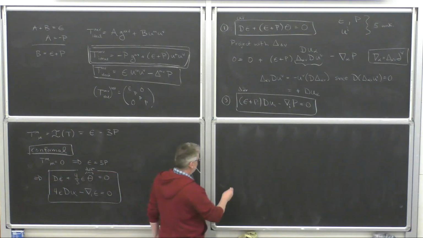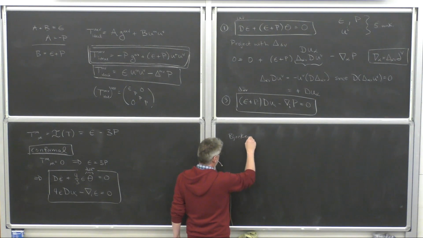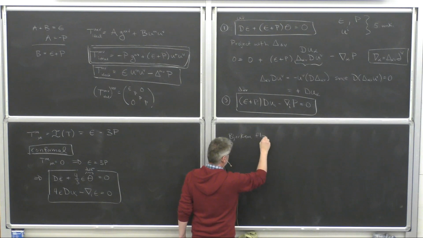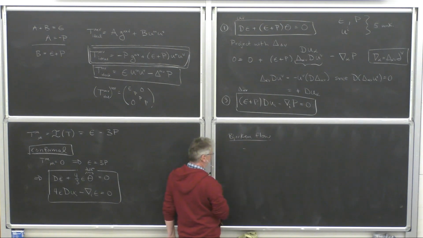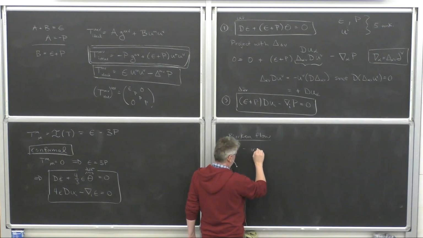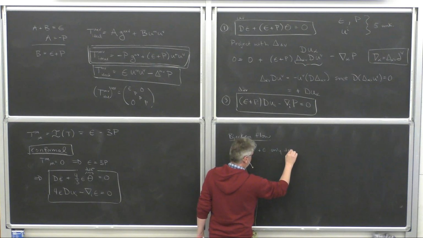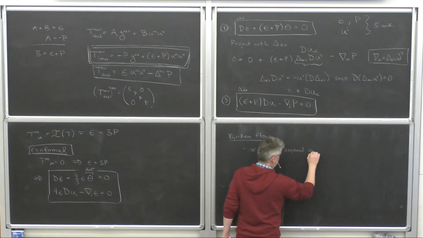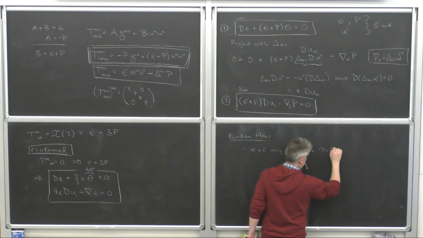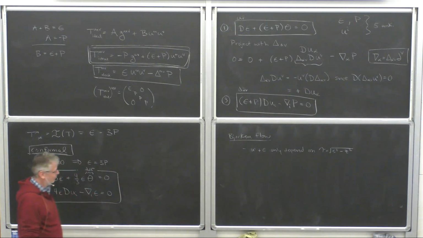Namely, that my flow has 2 things. 1, all variables only depend on something called the longitudinal proper time.